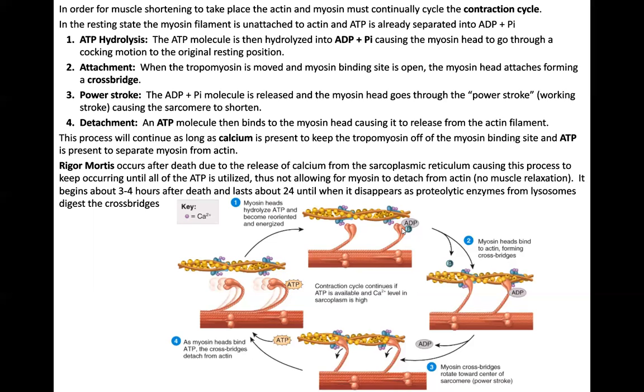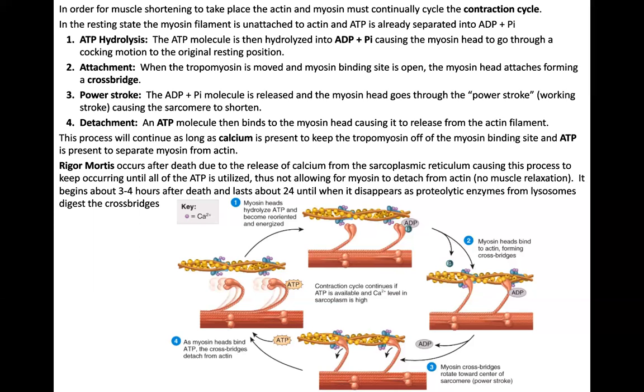Okay, and then as long as calcium's present and the tropomyosin's not in the way, a cross bridge can be formed. Cross bridges, remember, are just the connection between the thick and thin filaments, between the myosin and the actin. As that occurs, we can go through step 3, which is the power stroke.